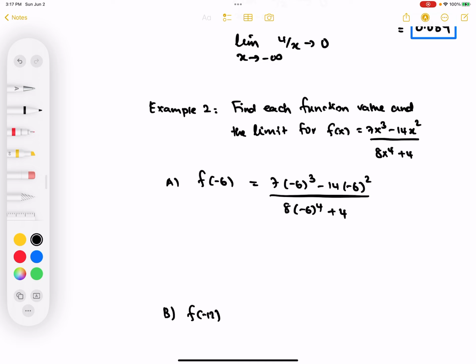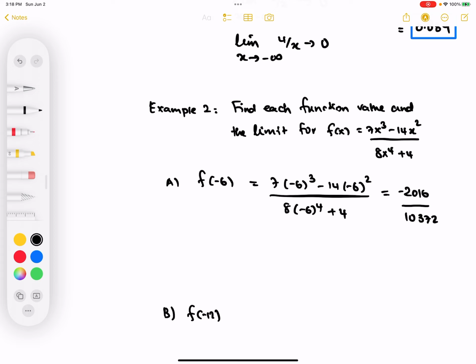So go to your calculator, plug in 7 times (negative 6) cubed minus 14 times (negative 6) the whole squared. The top one, using my calculator, is negative 2016. The bottom one is 8 times (negative 6) to the fourth power plus 4, which is 10,372.